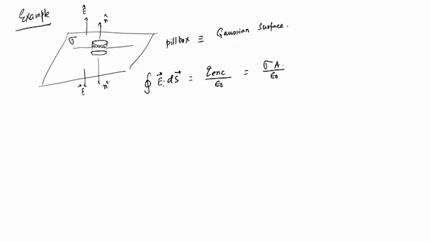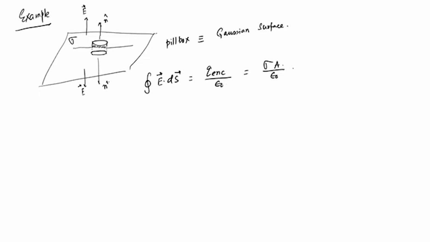So, we are now convinced that for this pillbox the curved surface does not contribute, and the top and the bottom contribute, so the integral of E dot ds is really equal to twice A times E, and this is equal to sigma A by epsilon 0. We do not need to write the dot product, we can simply write it as A, because we know that A and ds are along the same direction, so the dot product is just like a scalar.